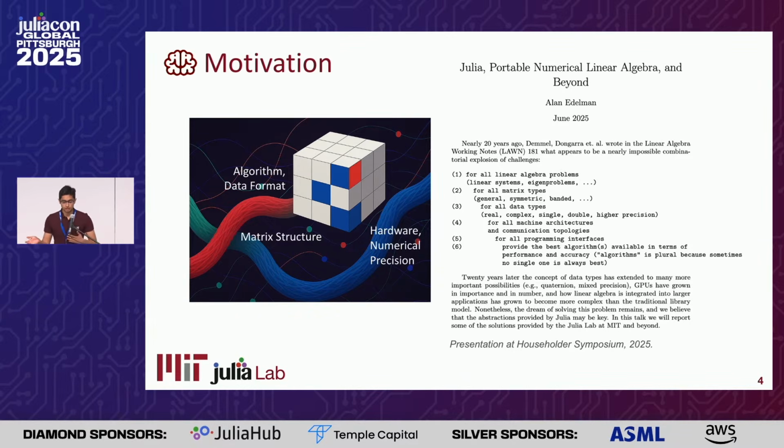However, the main issue is that the feature space of all the inputs is really, really large, because you have to take into account all the possible matrix structures as well as the hardware, the precision you're dealing with, the algorithm, and the format of the data. And so it's really difficult to develop a proper heuristic. What SmartSolve aims to do is have an automated approach to generating these heuristics.